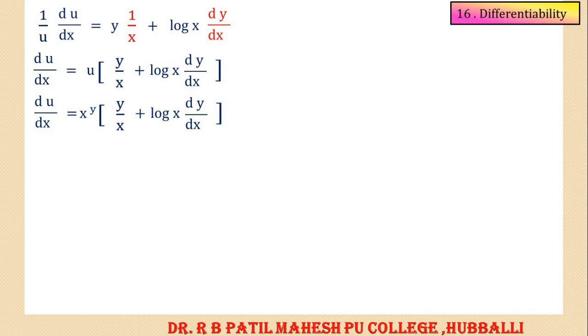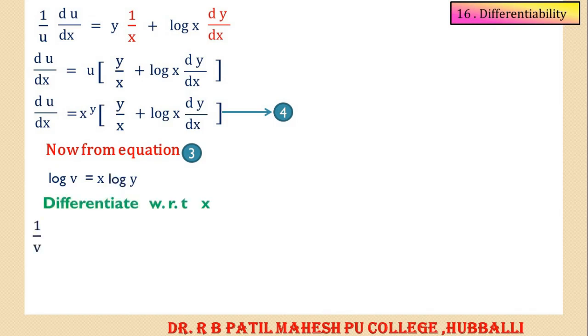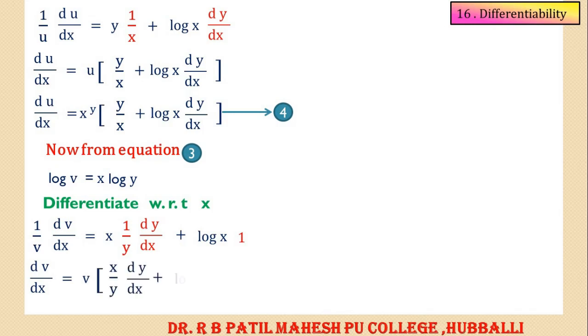In the same way, take equation 3, and in that find out dv by dx. You denote this as equation 4. Now from equation 3, we have log v is equal to x into log y. So differentiate with respect to x, you will get 1 by v dv by dx is equal to, using the product rule, x into 1 by y dy by dx plus log y, x derivative 1. dv by dx is equal to v into bracket x upon y dy by dx plus log y.